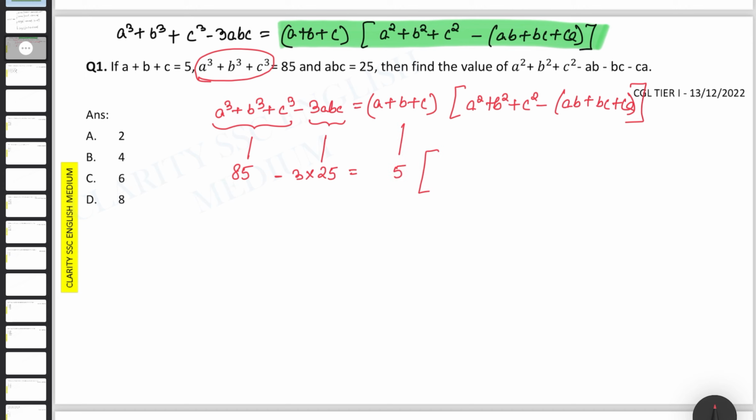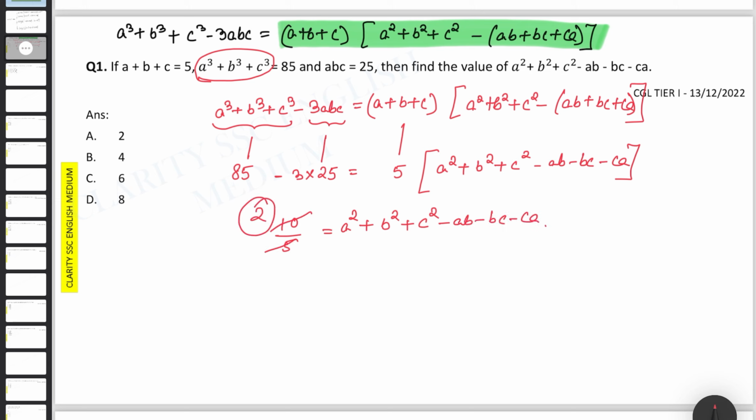And a square plus b square plus c square minus ab minus bc minus ca is what we need. So it's 85 minus 75, which is 10. 10 divided by 5 is equal to a square plus b square plus c square minus ab minus bc minus ca. So 2 is the correct answer.